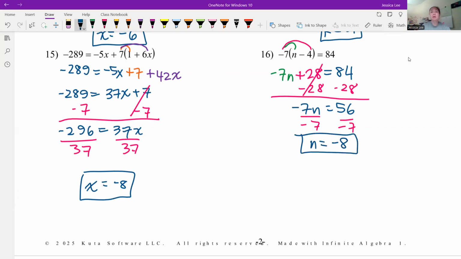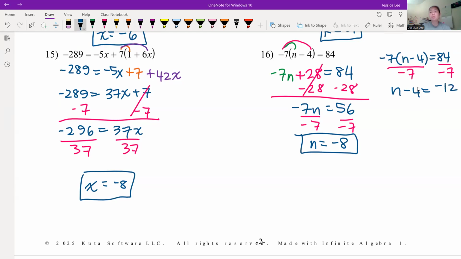Bam. All right, again, I could show you here on the right-hand side. -7 times n minus 4 is equal to 84. And like I said, -7 is multiplying with n minus 4, so I'm going to divide out -7. All right, and what do we have left? n minus 4 is equal to, 7 goes into 84, 10, 11, 12 times.